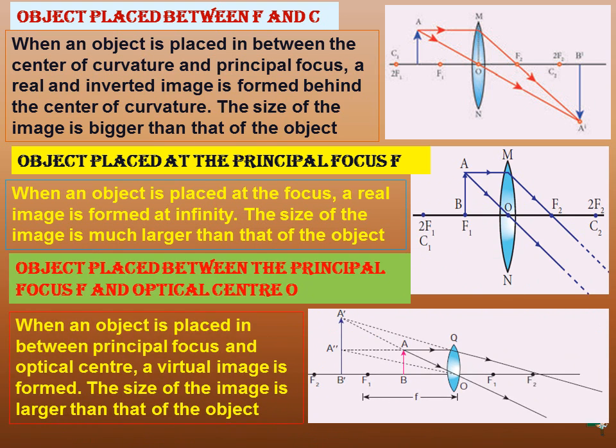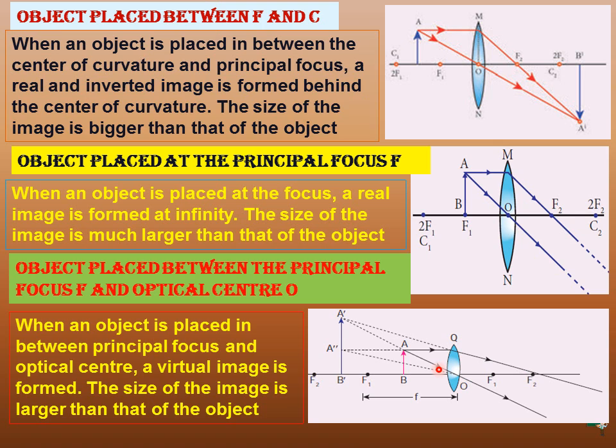Object placed between the principal focus F and optical center O. Let us first find the positions. This is the principal focus. Then the optical center, this is the optical center O. Can you see this? Follow the cursor, then you can understand.